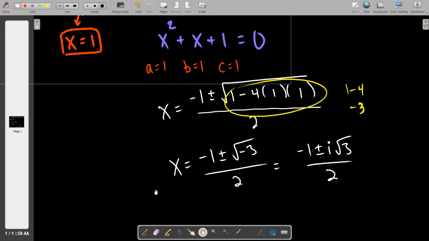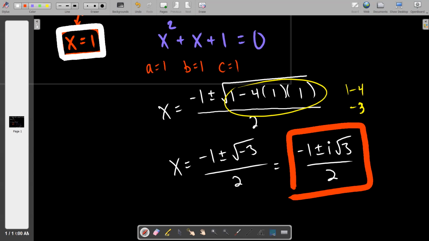The white box up here contains 1 answer, right? How many answers does the red box contain? It contains 2, right? And so one of the answers in the red box is -1 plus I root 3 over 2. And the other answer is -1 minus I root 3 over 2.